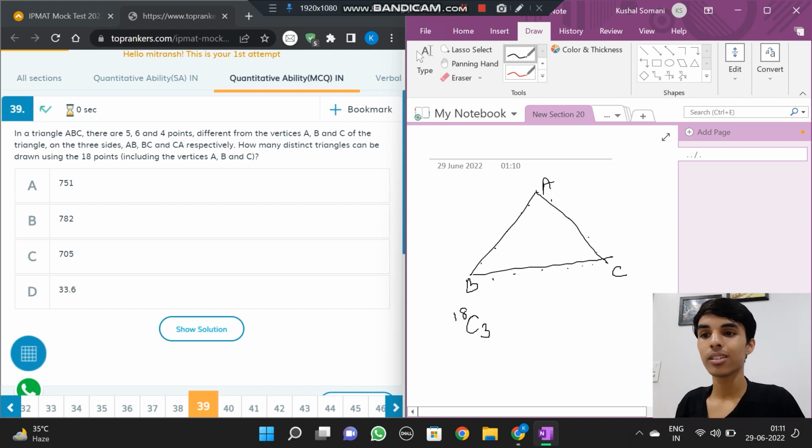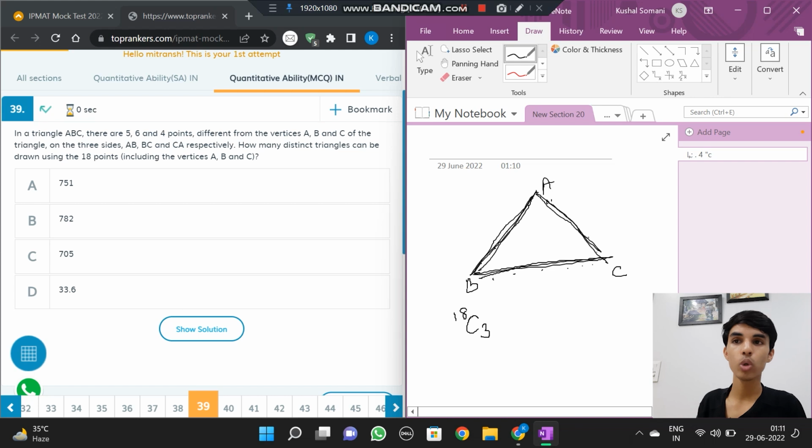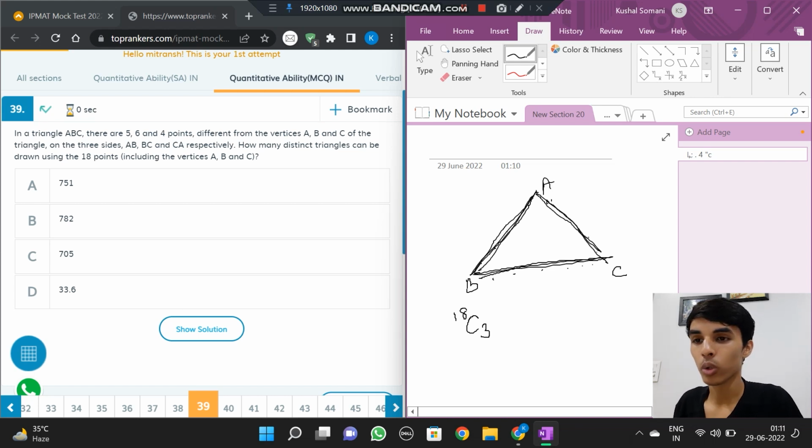But this 18C3 will also include some combinations of those 3 points which are lying on a line, let's say AB, BC, or CA. So then we'll subtract those from the total number of triangles formed from 18 points.